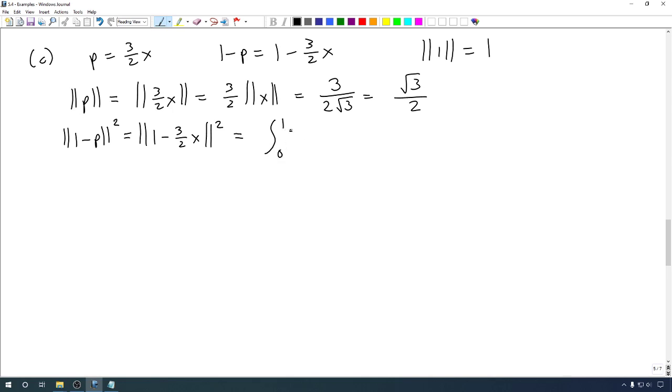So the integral from 0 to 1 of this vector with itself, which is just that squared. We'll go ahead and expand it so we can actually do the integration. So we have 1 minus 2 times 1 times 3/2 x, so we actually get a minus 3x. And we get a plus 9/4 x squared.